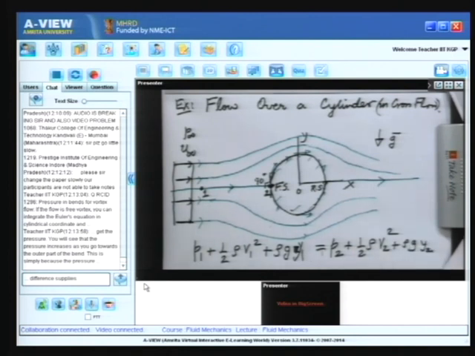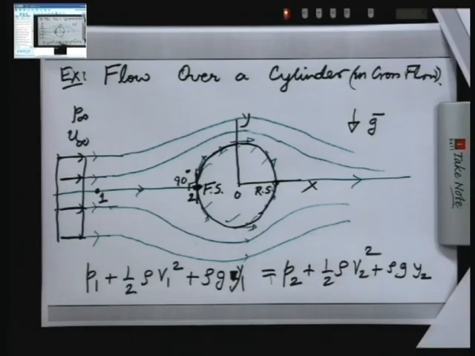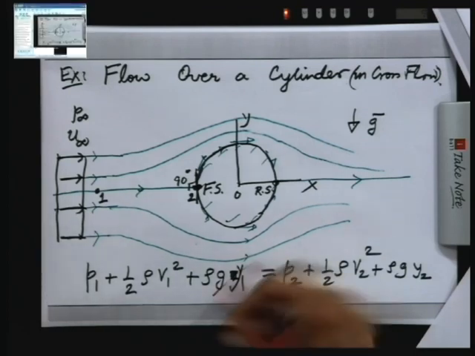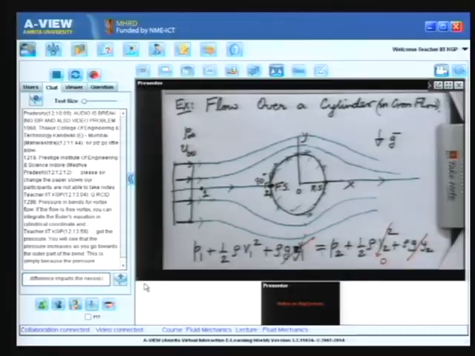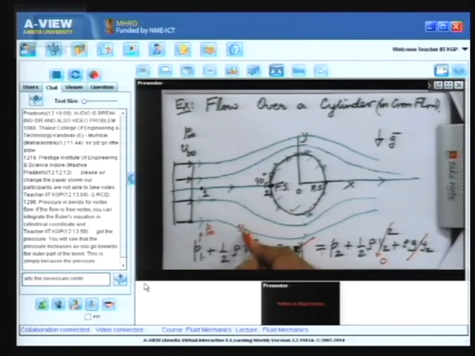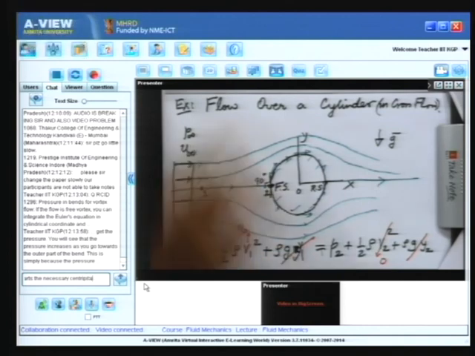Now, if it is a horizontal cylinder, then y 1 will be equal to y 2. So, these two terms will cancel out. So, there is no change in the potential energy, and since 2 is a stagnation point, this value is 0. So, P 2 is what you call the stagnation pressure. So, this is equal to P 1 plus half rho V 1 square. Now, P 1 is nothing but the upstream pressure P infinity, and V 1 is nothing but the upstream velocity u infinity.